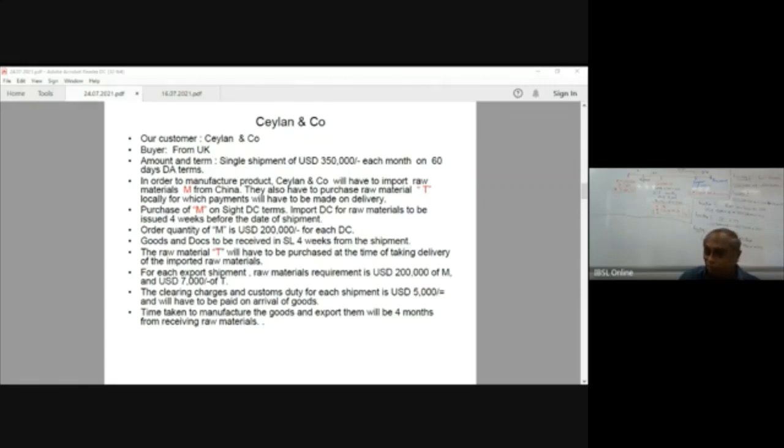That is why most of the banks either do not entertain it or do it against other collateral. Not the goods, other collateral. Either they can ask the customer to keep a property mortgage, not a stock mortgage.